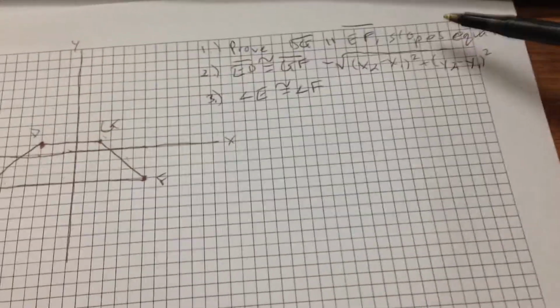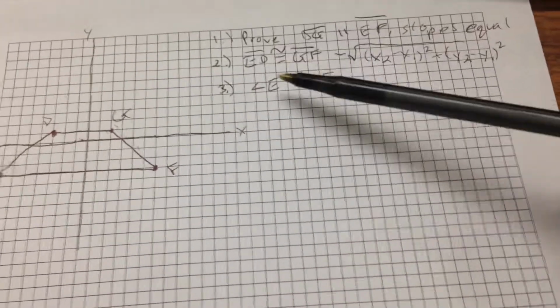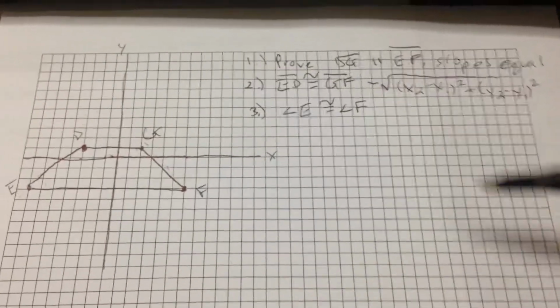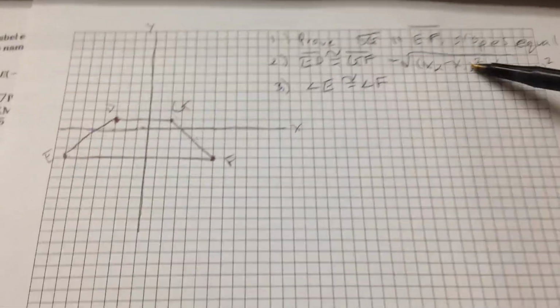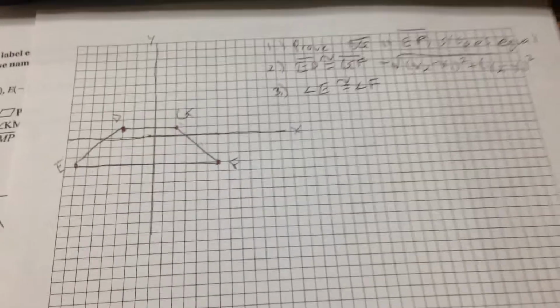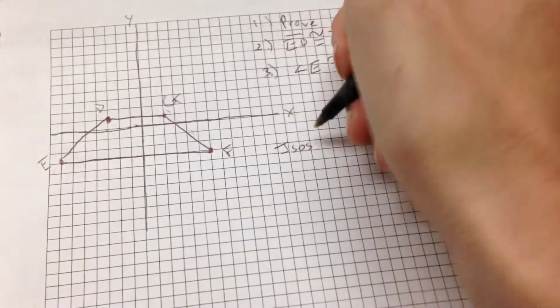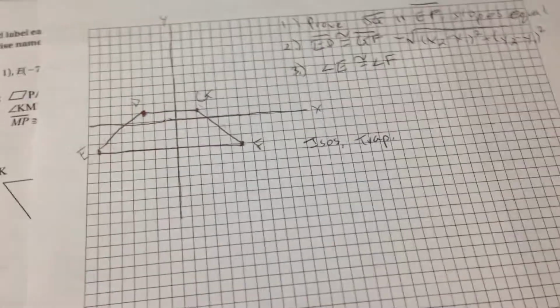So on your paper, I do need to see somehow that you've proven that these two are congruent. Alright, shoot me an email if you need further instruction, and I can walk you further through this, but I figured this was the most that you needed. So in summary, this is an isosceles trapezoid. Alright.